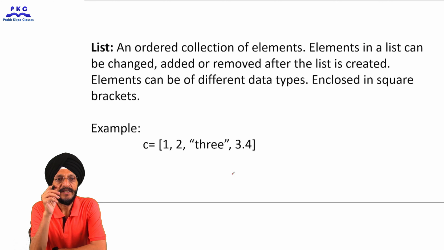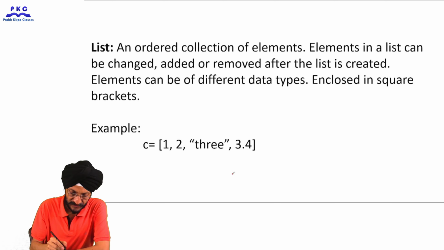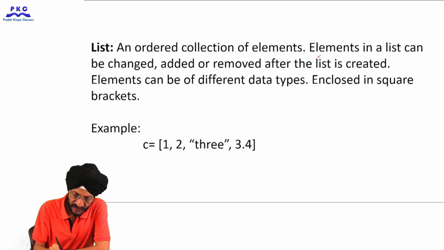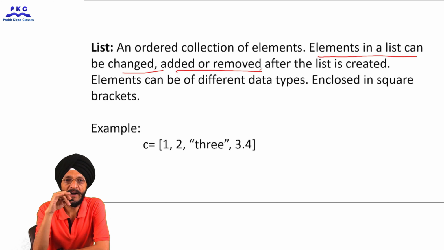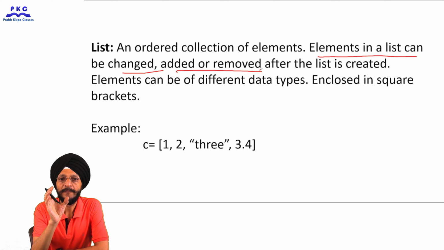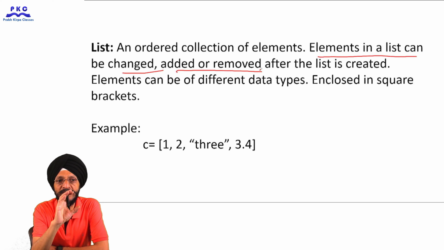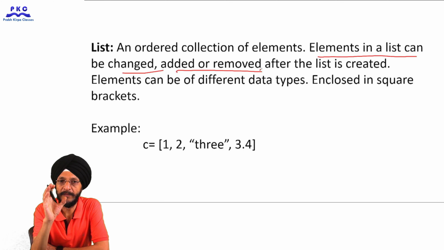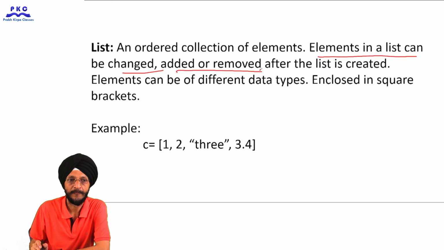Now comes the list. It is also an ordered collection of elements. But the difference between list and tuple is that in a list, the elements can be changed, added, or removed after the list is created. In a tuple, once it is created, we cannot change, add, or remove the elements.